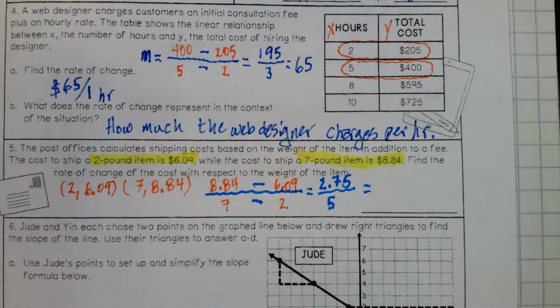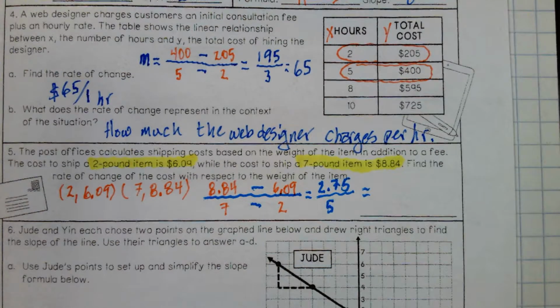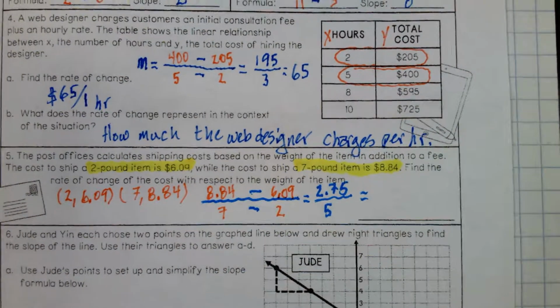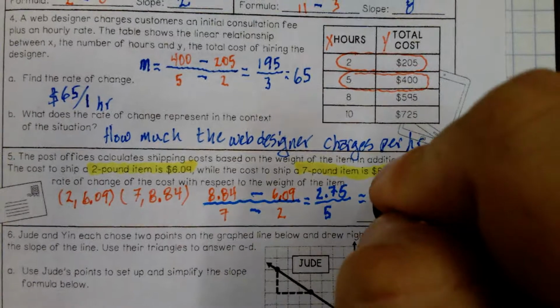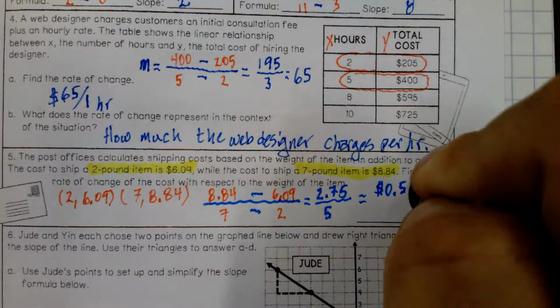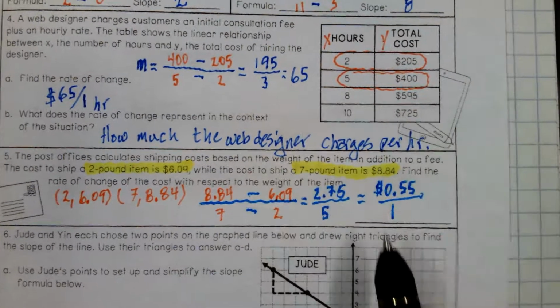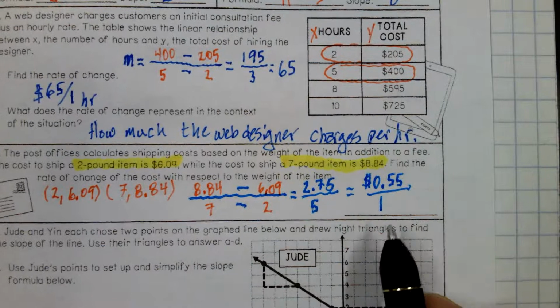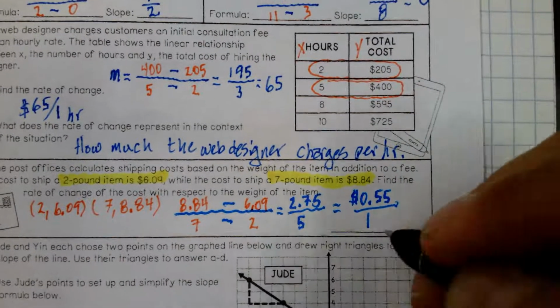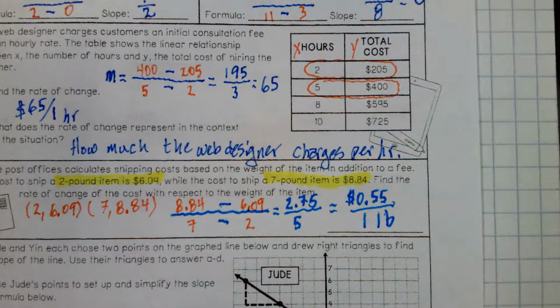Okay. 5 into 27 is 5. Then you get 25, so it's 55 cents. I just did a quick division. So it's 55 cents for every 1 pound. Okay. So 55 cents per pound.